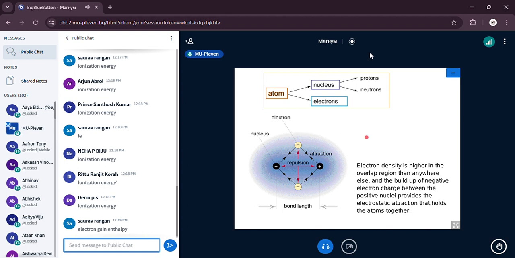But there are also attractive forces between negatively charged electrons and the positively charged nucleus. And the distance between nuclei of bonding atoms is named bond length.